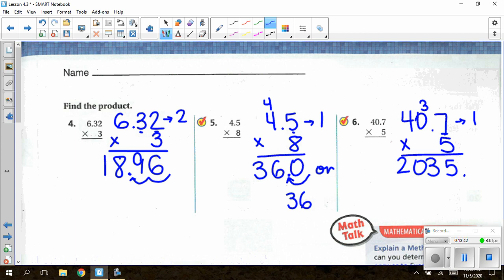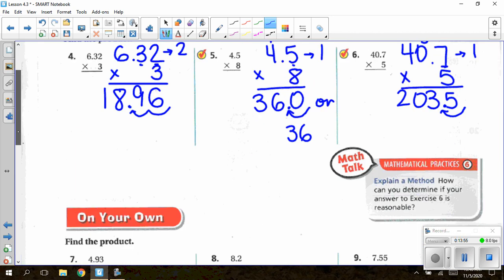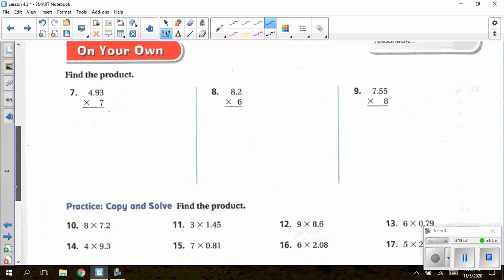So starting from the end, swooping 1 place to the left, put the decimal, and I would have the answer of 203 5/10. So at this point, you should pause the video, solve 7, 8, and 9 on your own, and then once you have those solved, you can turn the video back on and I will reveal the answers.